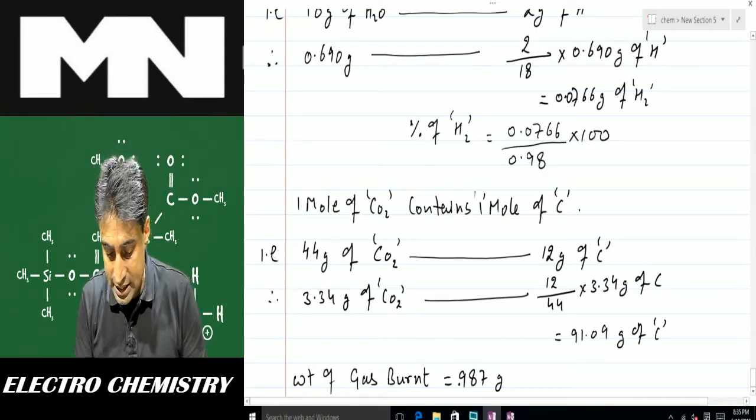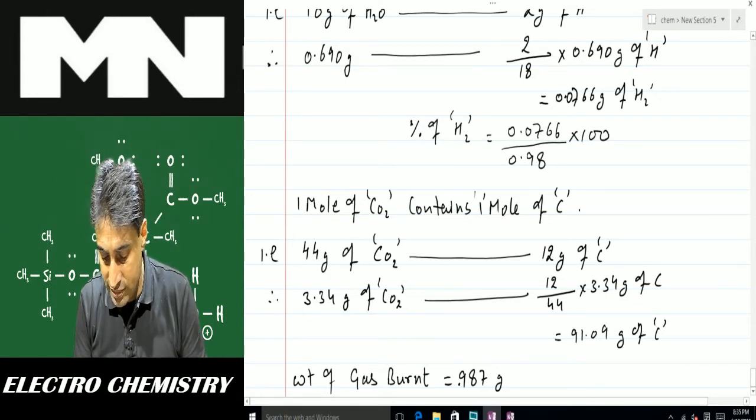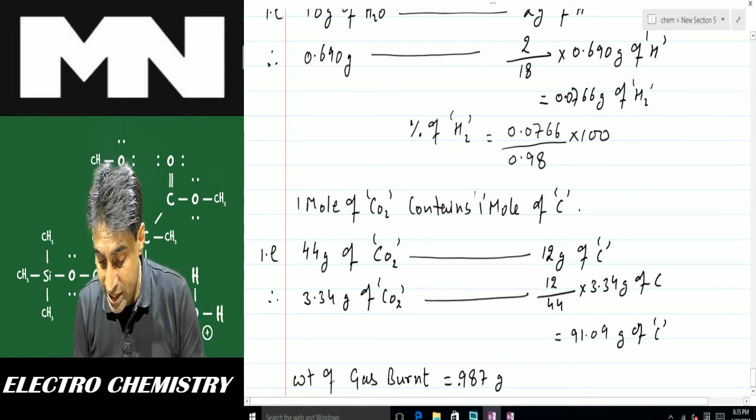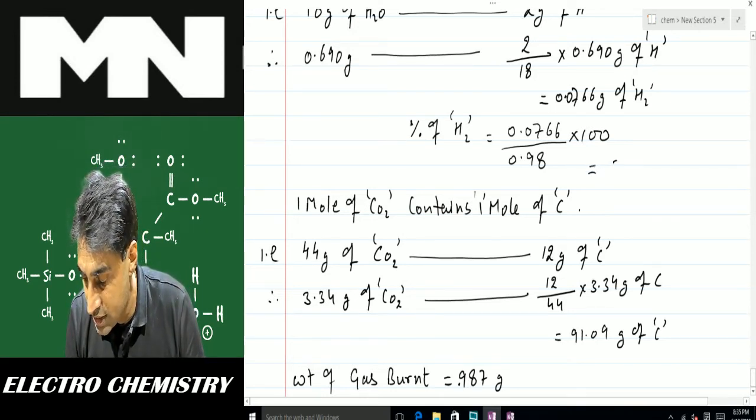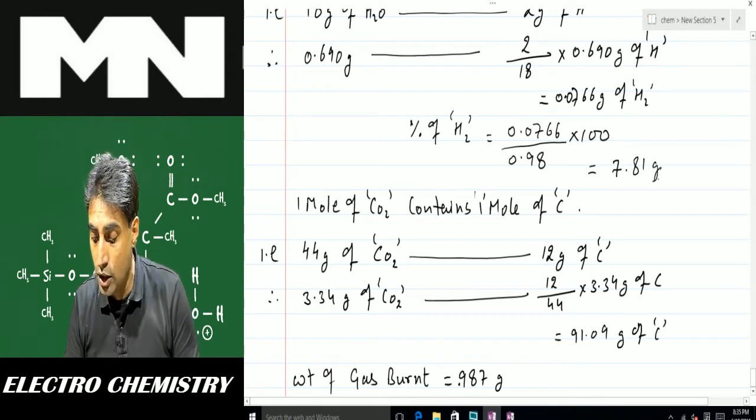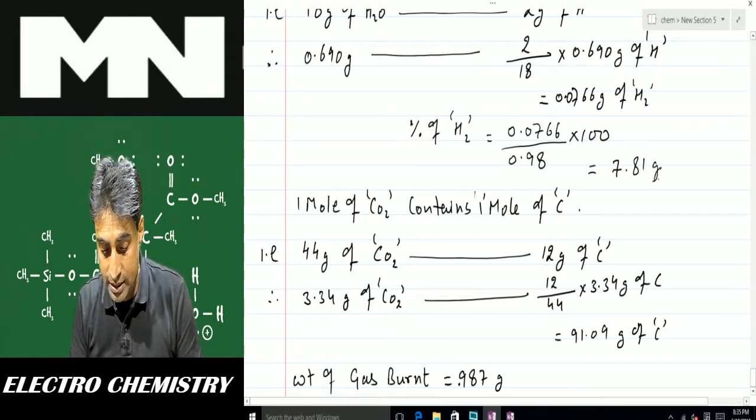In that case, it is 0.0766 into 100, which comes out to be 7.66, divided by 0.98, and it comes out to be 7.81. That means the percent of hydrogen is 7.81.